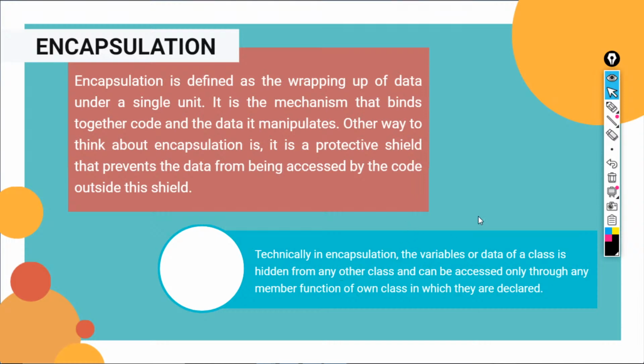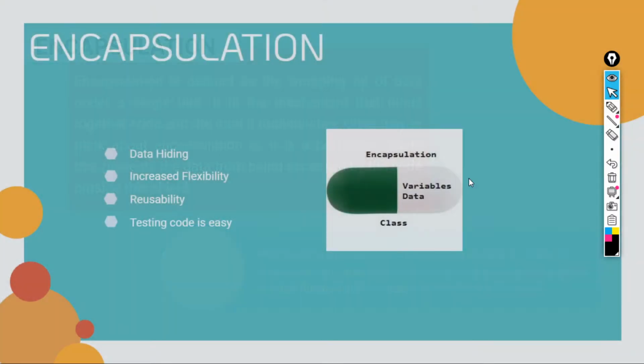That is also ensured when you're working with encapsulation. The next one is, what are the different features that encapsulation can do for us? It can work on data hiding, and it gives us increased flexibility and reusability. Right, guys? So these are the different aspects where encapsulation can be used.